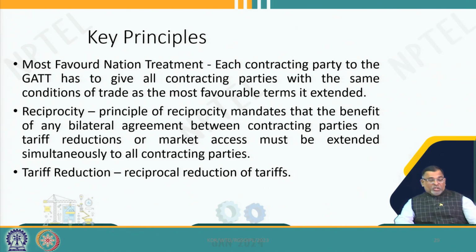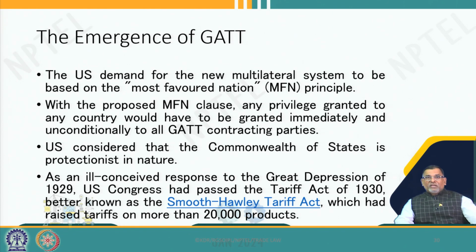And the two cardinal principles in the WTO are the most favored nation treatment and national treatment, so they were transferred from the GATT to the WTO. The emergence of GATT and these cardinal principles played a crucial role in the tariff concessions. This MFN treatment was mostly against domestic laws like the Smoot-Hawley Tariff Act of 1930 of the US.